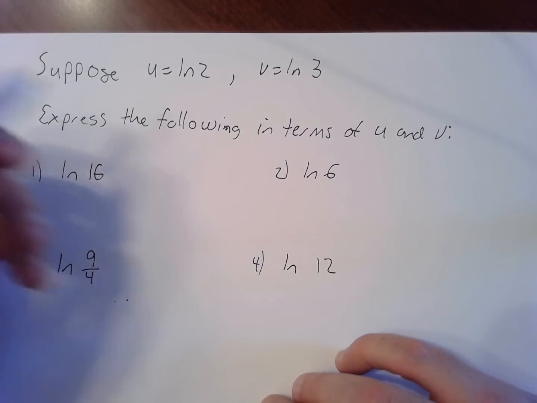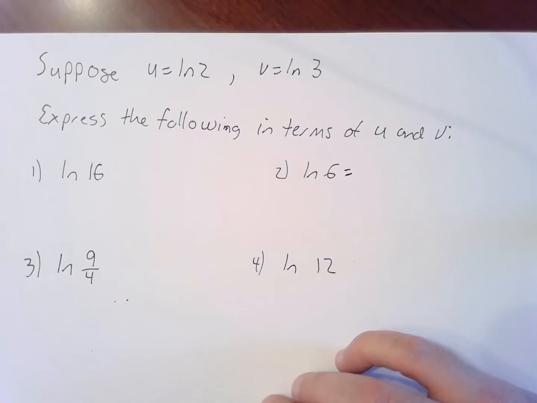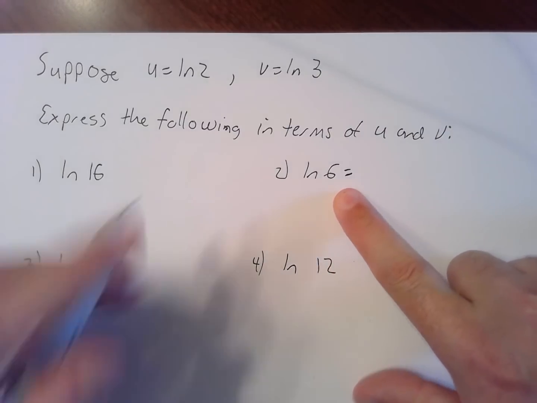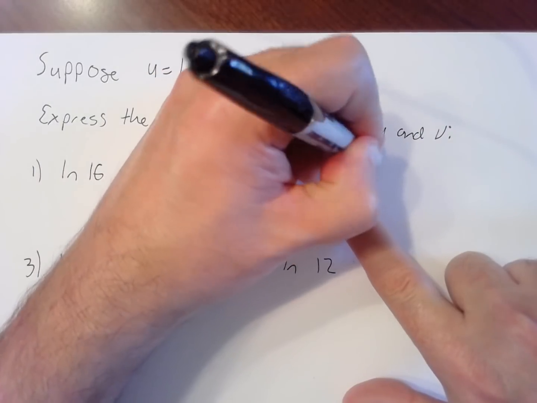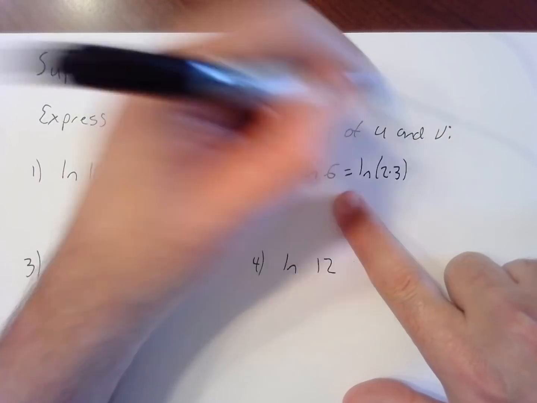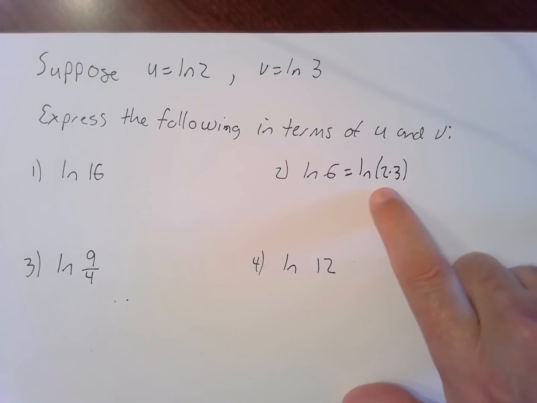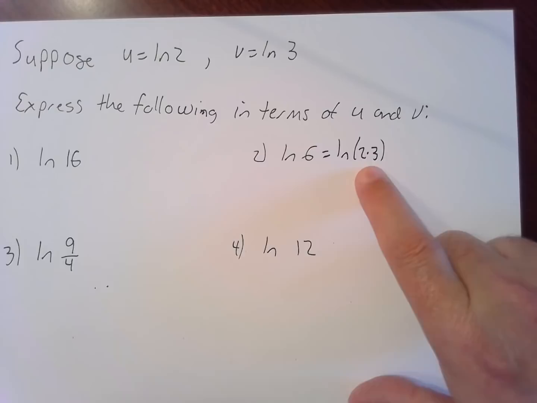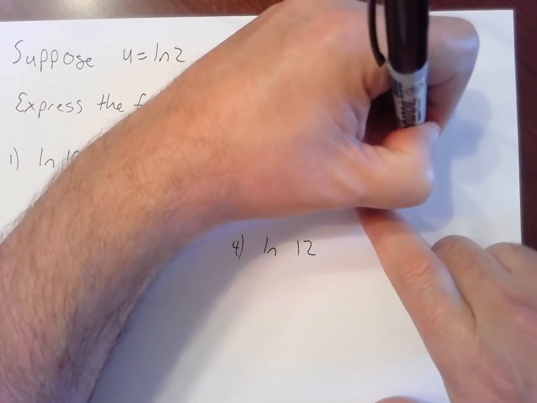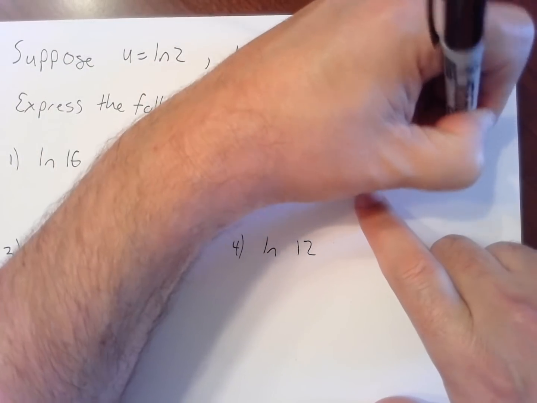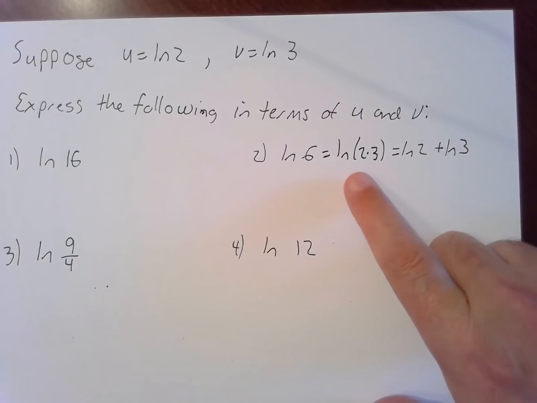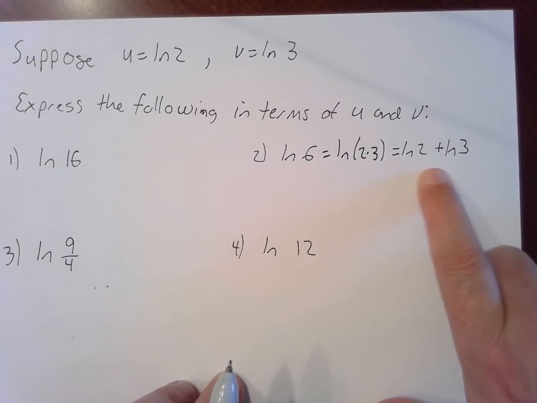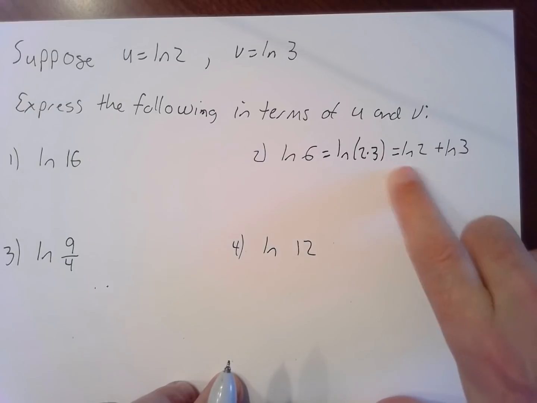Okay, so for example, let's start with number 2 here. Natural log of 6. Well, I know 6 is 2 times 3. By the rules of logs, multiplied inside becomes added outside. Natural log of 2 times 3 is natural log of 2 plus natural log of 3.